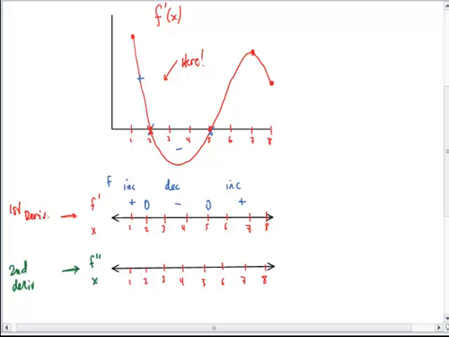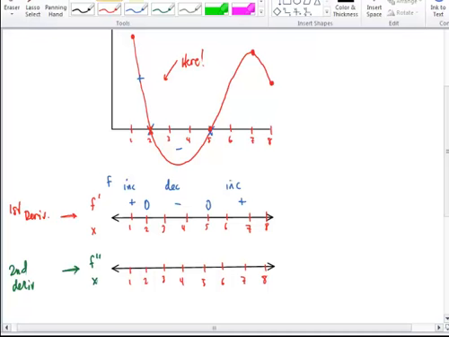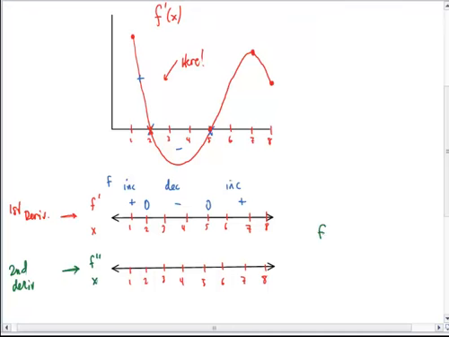So this is how we do this part. Remember that rule we talked about before. We said that if the derivative is going down, the second derivative must be negative.